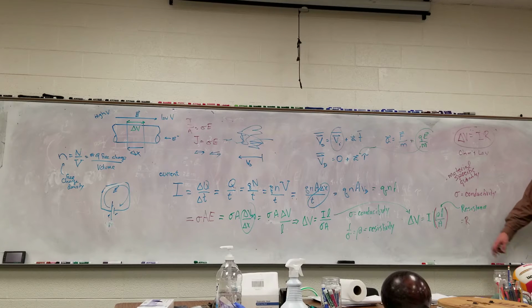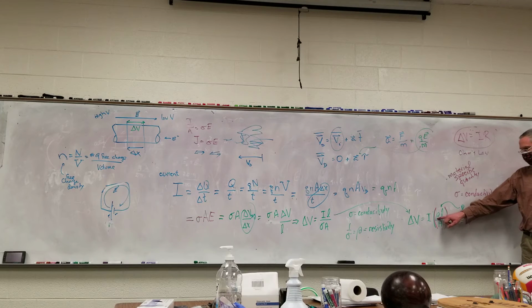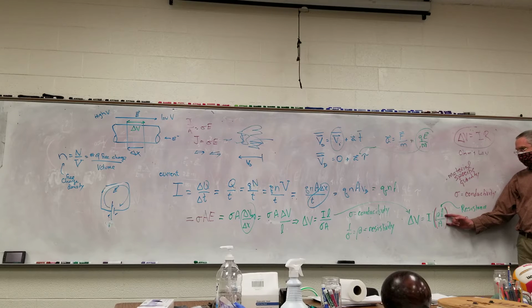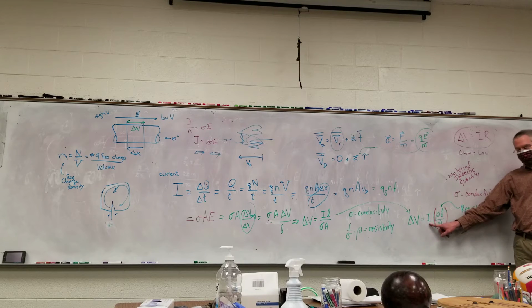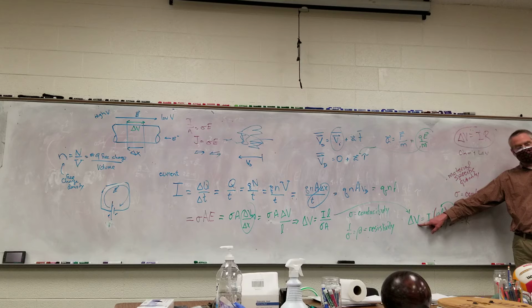So rho is dependent upon the charge of an electron, I guess you could call it. It's not a physics equation though. That's an experimental measurement. So this is based upon experimental measurements, geometry, the definition of current, and that goes back to force, Coulomb's law.